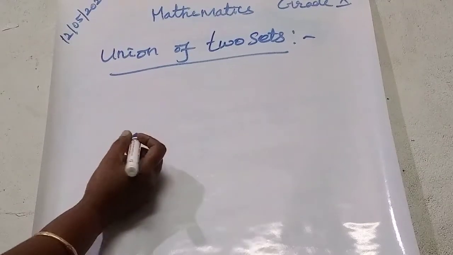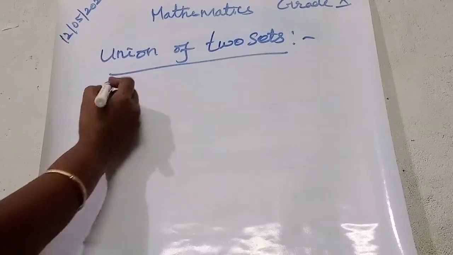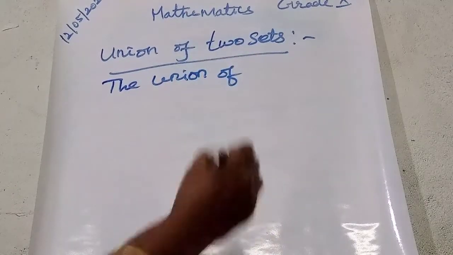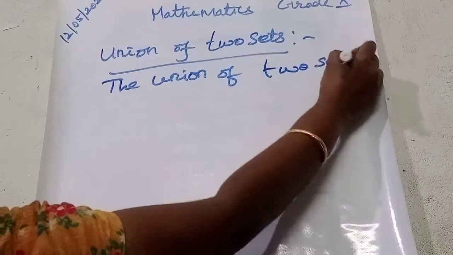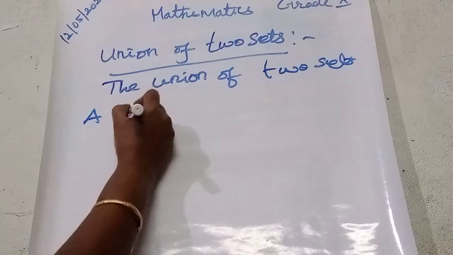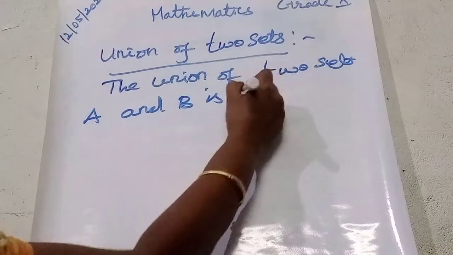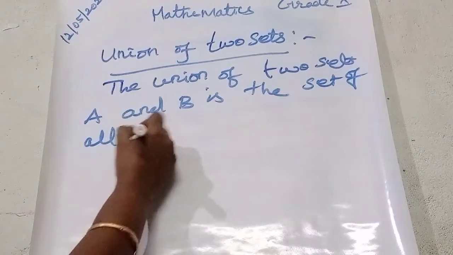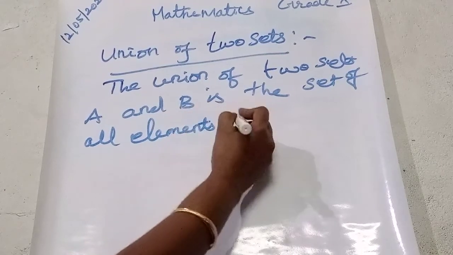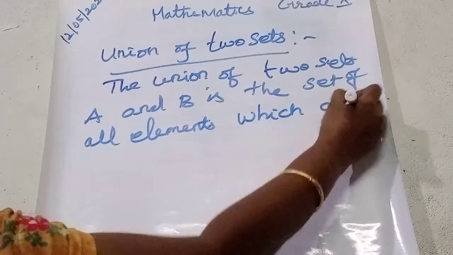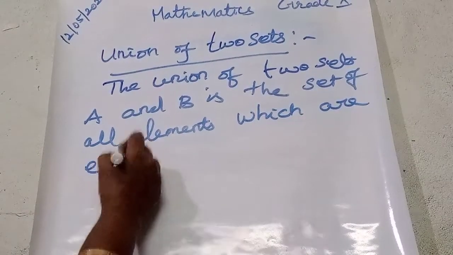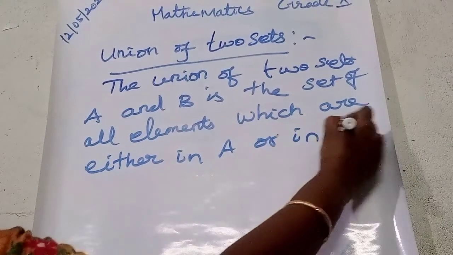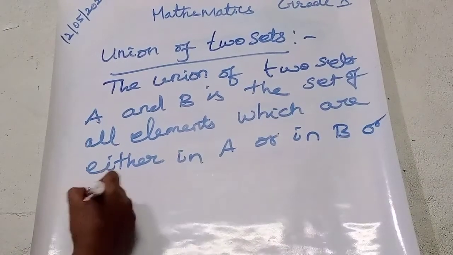Next, union of two sets. The union of two sets named A and B is the set of all elements which are either in A or in B or in both.